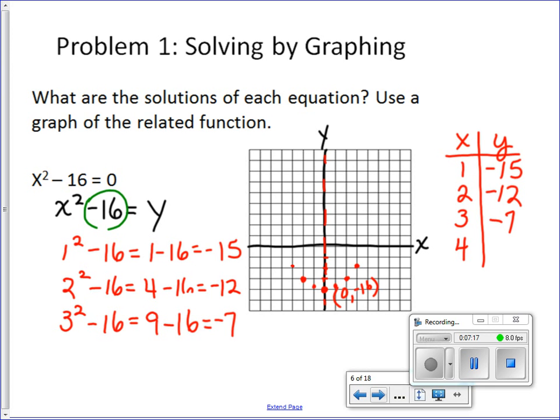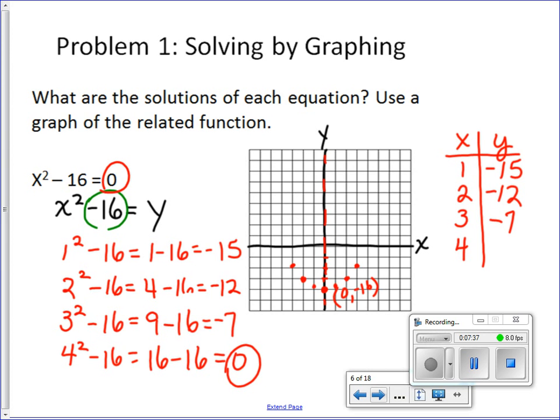And let's, again, reflect it across the y-axis. And finally, let's go 4 squared minus 16. 4 squared is 16, and 16 minus 16 is equal to 0. Well, you'll notice that's what we had in our equation.